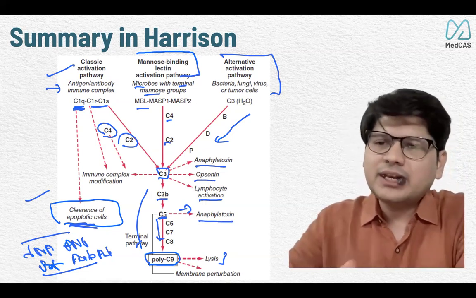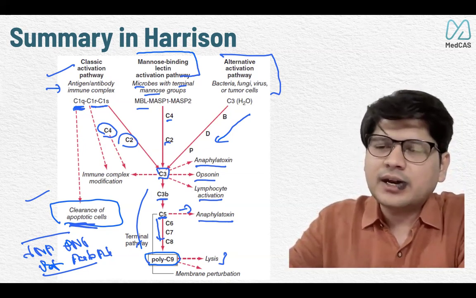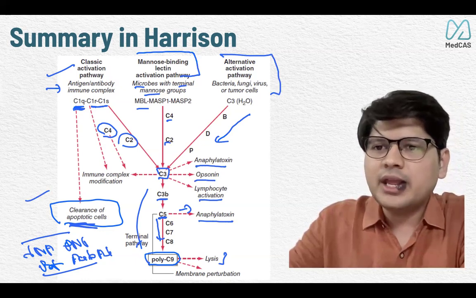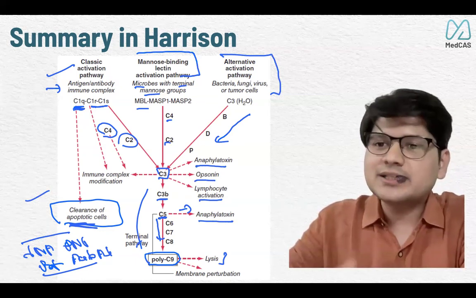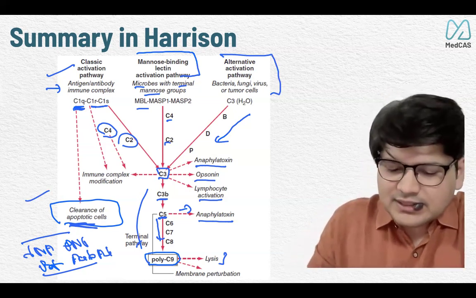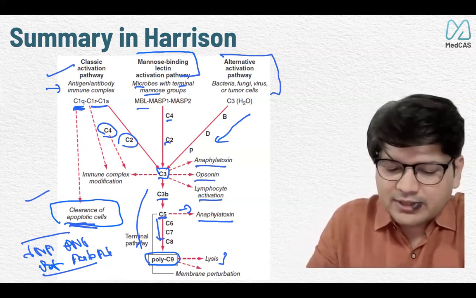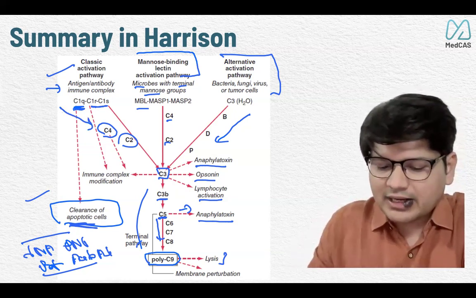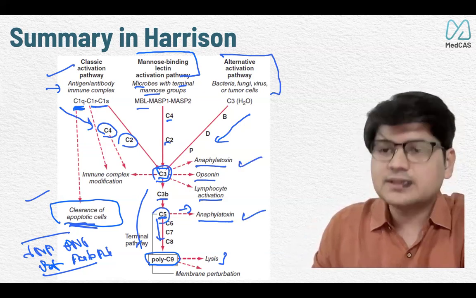So whenever we read about anaphylatoxin, a disease will definitely come into the picture, called hereditary angioedema. That is C1 esterase inhibitor deficiency. When the C1 esterase inhibitor is not there, C1 is continuously active. When it is continuously active, it is continuously activating C3 and C5, which gives an anaphylaxis-like reaction.